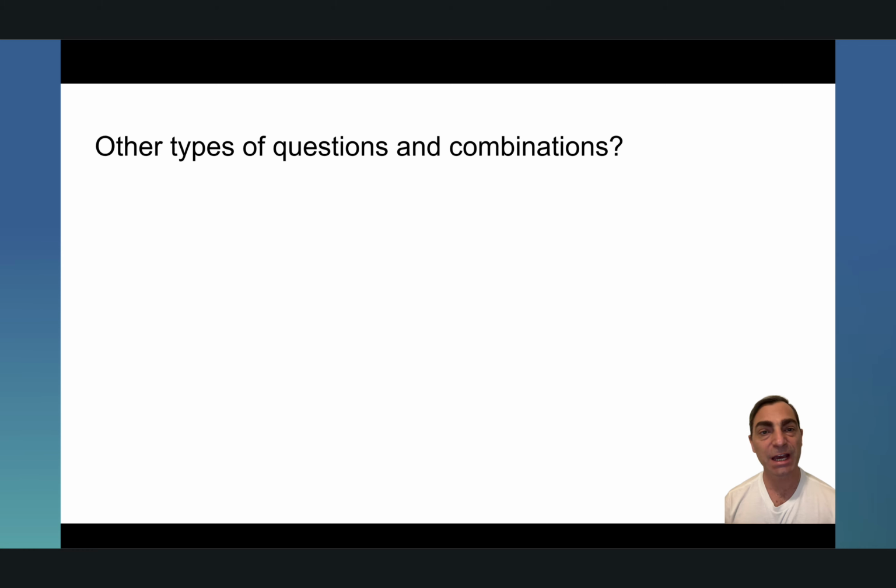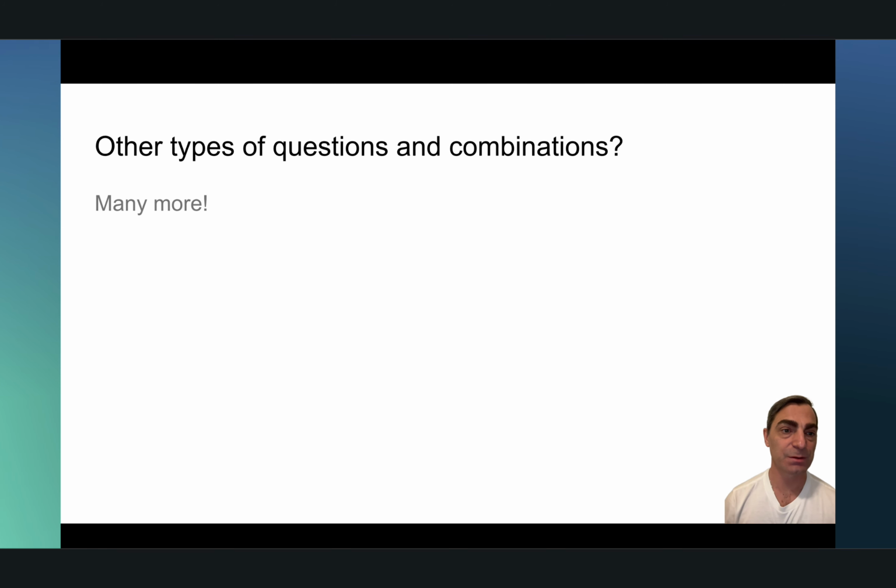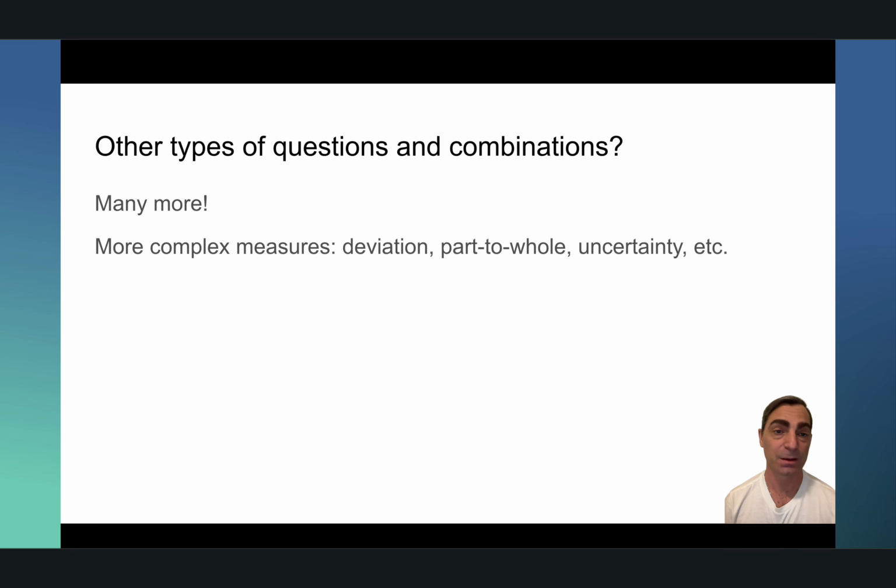So what are other types of questions and combinations? As I said, there are many more. It's almost impossible to provide all of them here. But we can have more complex measures like deviations, part to whole, uncertainty, as I mentioned briefly earlier.